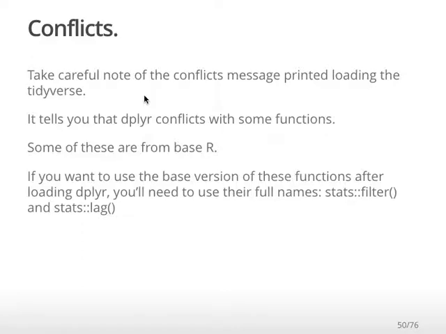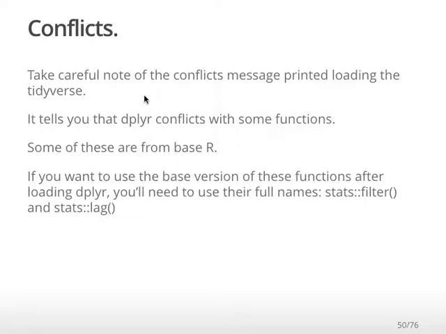So if you want to use the base R version, you'll need to use the full name. The base R package will be stats. Suppose you have filter both in a package called dplyr and in base R. R doesn't know which one to use, so you have to tell it, this is what I'm using. Many of the errors you'll get are because two packages are using the same name, and you haven't told R which one it should be using. And then it will crash.